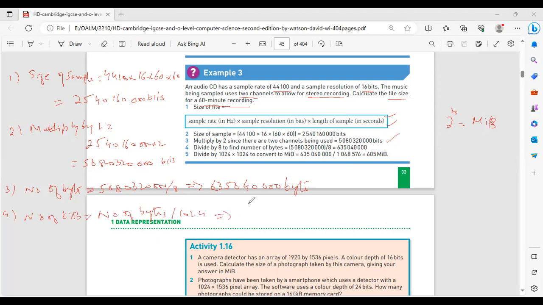So you will get 635040 bytes divided by 1024 bytes.